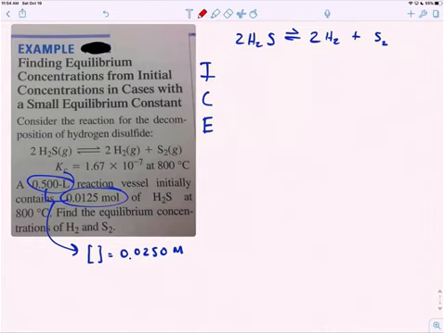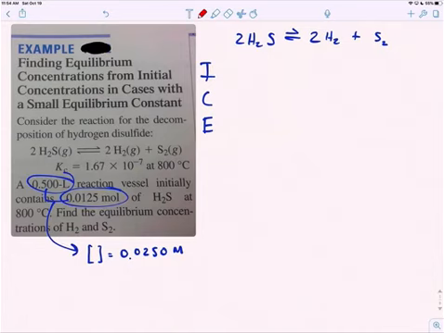So let's look at this reaction here. Hydrogen sulfide in equilibrium with two hydrogens and a sulfur. Kc is 1.67 times 10 to the minus 7. A half liter reaction vessel initially contains 0.012 molar of hydrogen sulfide.